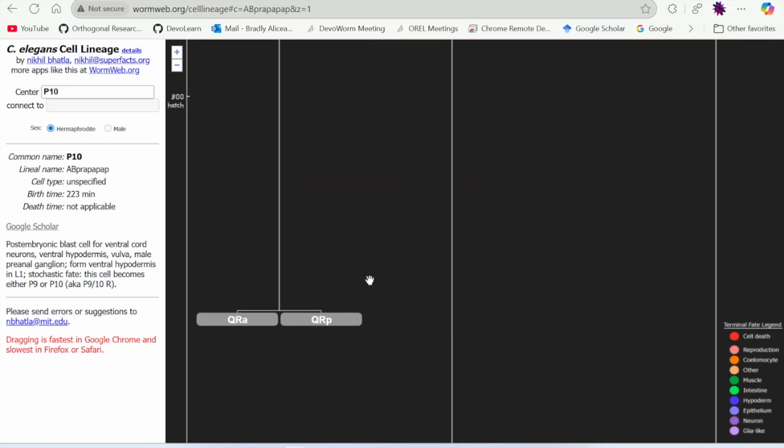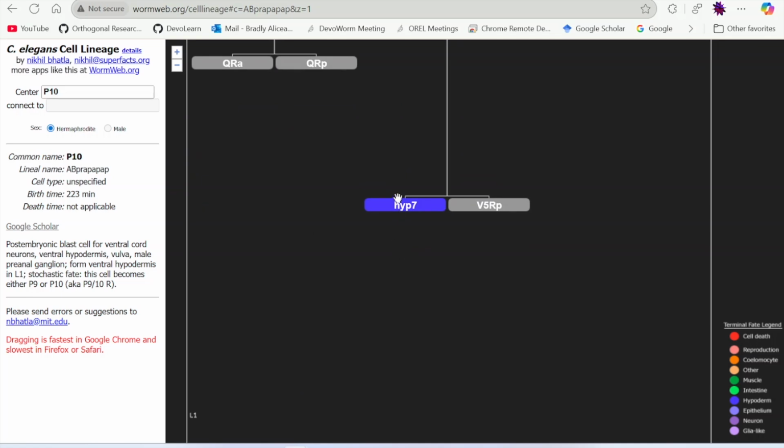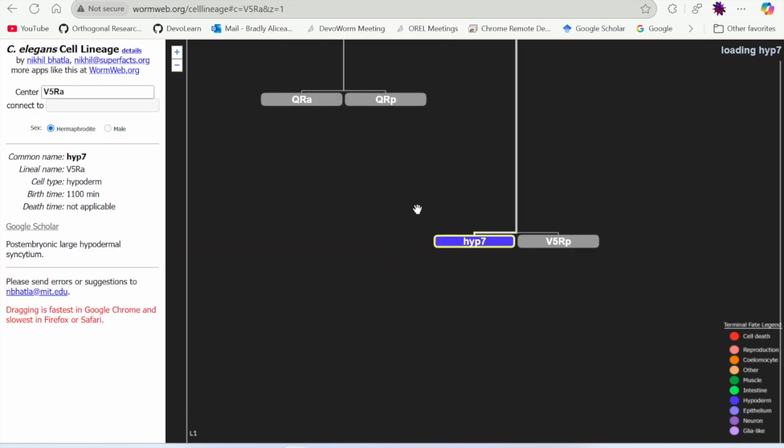You get things like the QR cells, and this is hypodermal 7, which is actually part of one of the syncytium. So you get that cell. I couldn't search for it, but it shows up. Hyp7 has a lineal name, V5RA. It's hypodermal.